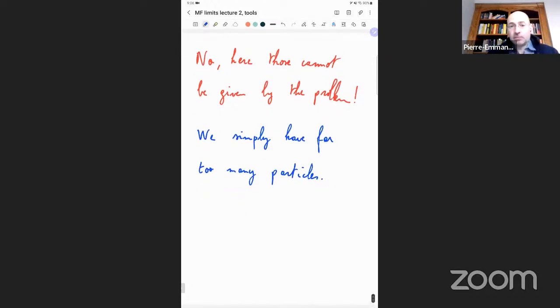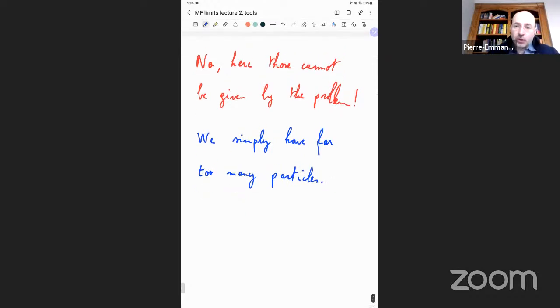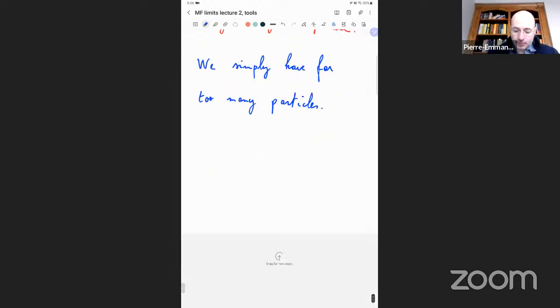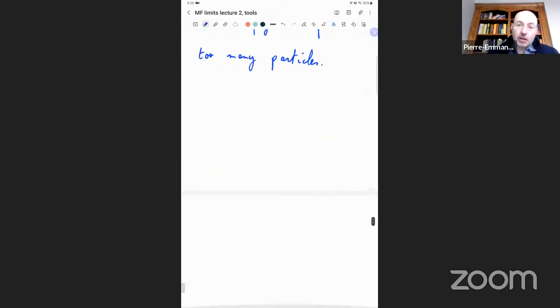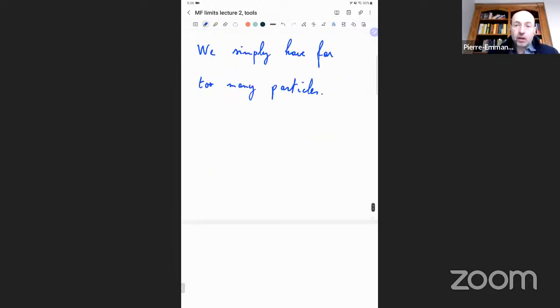And if I'm looking at plasmas, for example, which is sort of our simple physical setting, 10 to the 20 particles, how are you going to measure even remotely the position and velocity of 10 to the 20 objects?